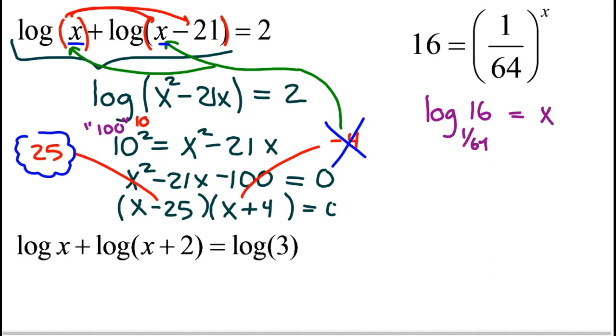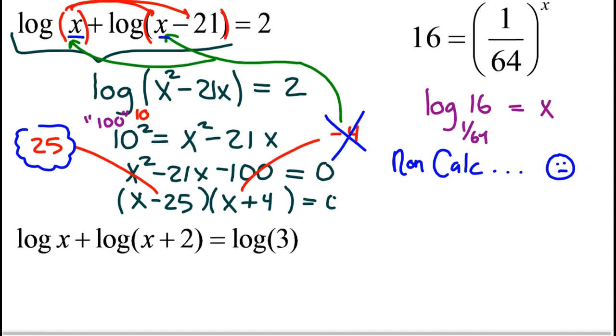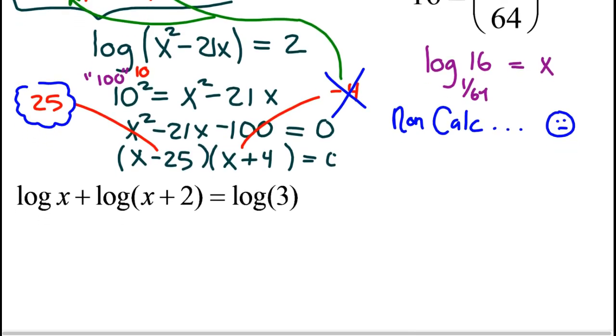And that would be all fine and dandy if we had a calculator, but this is the non-calculator part. If it was calculator, we could just plug in log of 16 divided by log of 1/64, and we could get our answer. But we're going to do that on Monday with the calculator stuff. So that's not really going to get us anywhere. That's going to get us back to where we started. So there was another strategy we used. You remember it, Lillian?